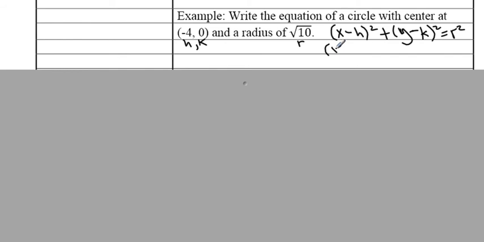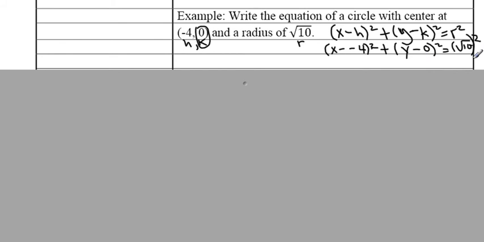X minus my h, and my h is a -4. And we're going to square it, plus y minus my k, k is a 0. And we're going to square it, and that'll equal my radius squared. I'm going to put the square root of 10 in parentheses, and I'm going to square it.